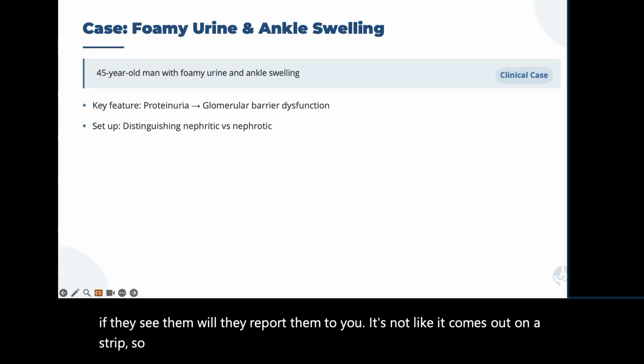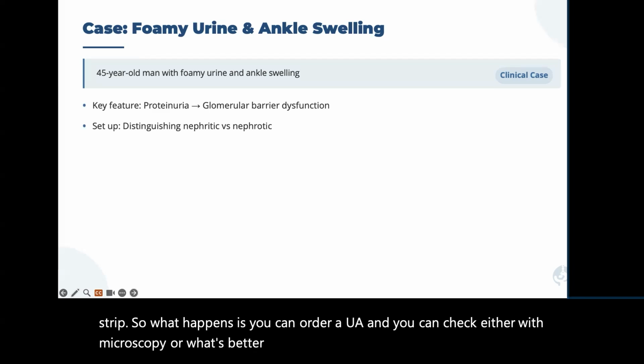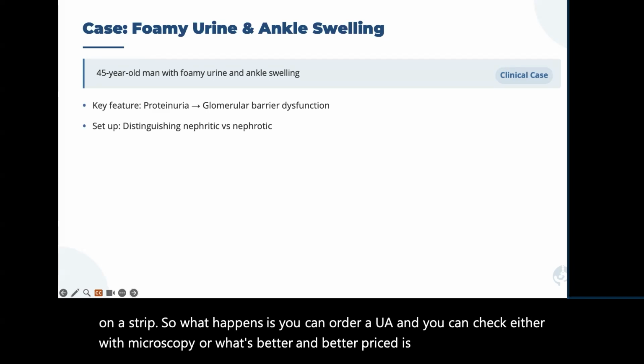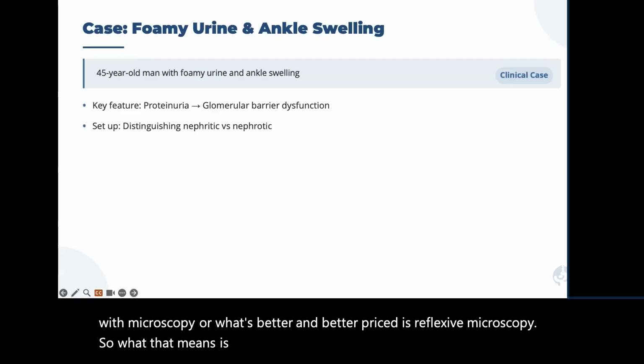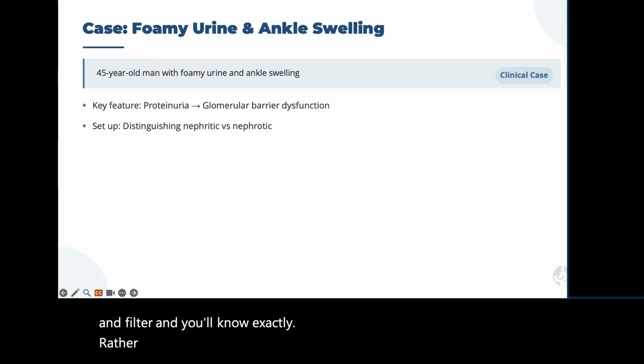So you can order a UA with microscopy, or what's better and better priced is reflexive microscopy. That means if it sees something abnormal on the UA, it will automatically trigger the microscopy, so you'll know exactly, rather than having to bring the patient back, recheck, send to the lab and wait again.